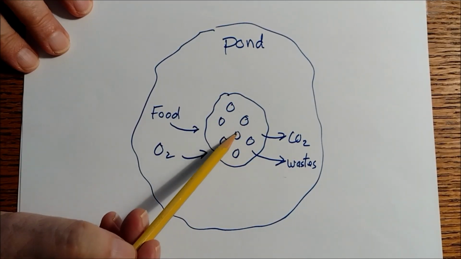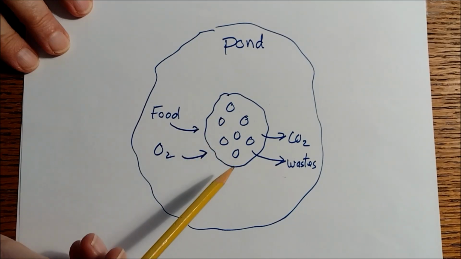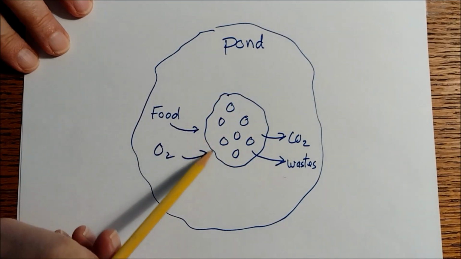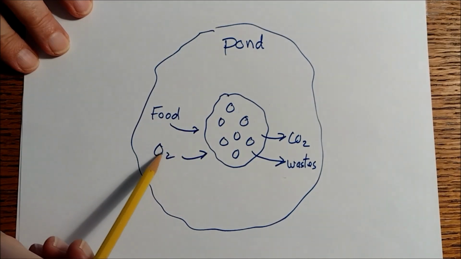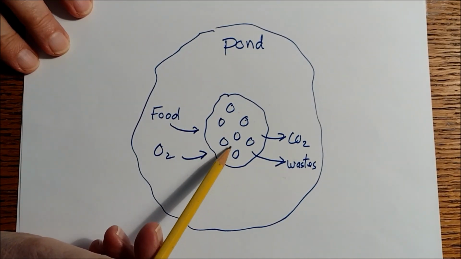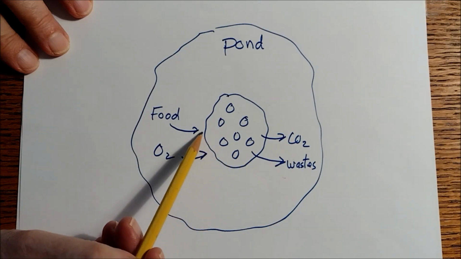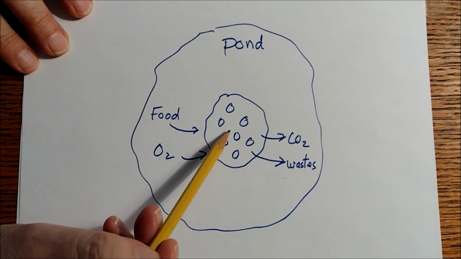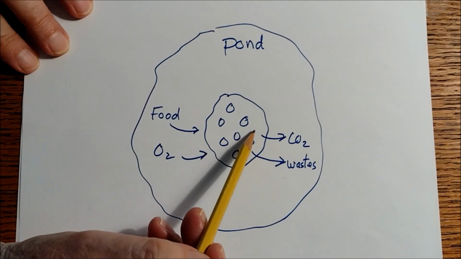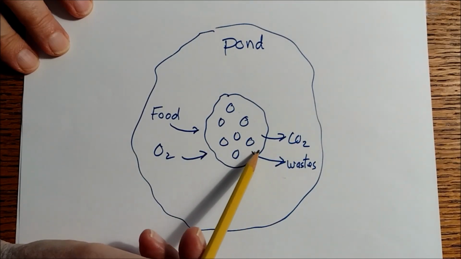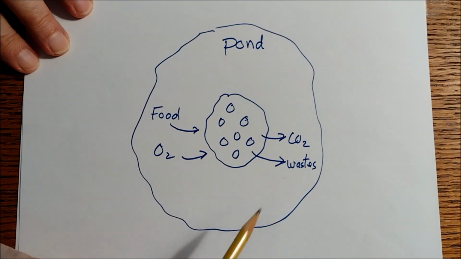Notice we have many cells inside the organism, and here's a membrane surrounding the organism. We still have food and oxygen coming into the critter, and it goes through the little membrane here. When the critter gets finished with the food and oxygen, CO2 goes out and waste products go back into the pond water. All right?